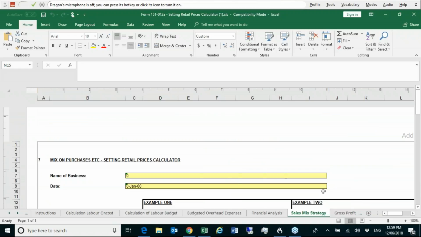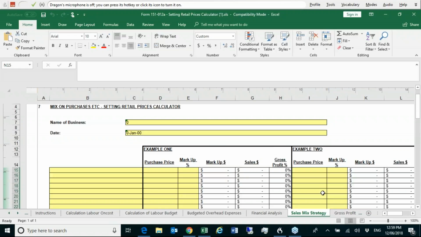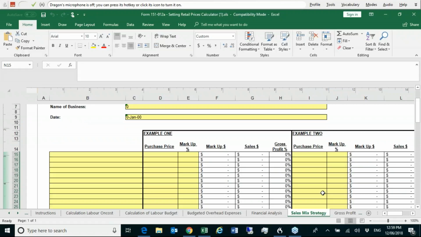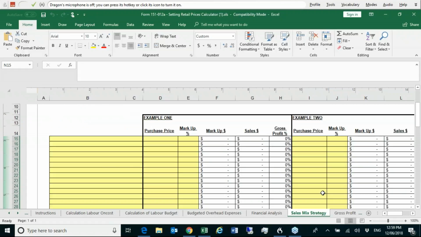There is then some worksheets to help in the calculation of the purchases that are going to be required. And obviously purchases are going to be treated by a per product or per department basis. We're going to look at the markup in dollars or percentage.